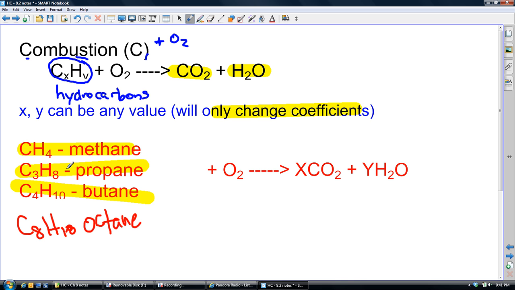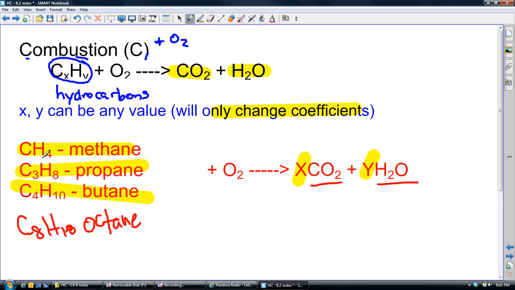Okay. So here's the deal about these hydrocarbons. Any of them can react with oxygen, and when they do, they're all going to form carbon dioxide and they're all going to form water. The only difference is going to be how much carbon dioxide and how much water.